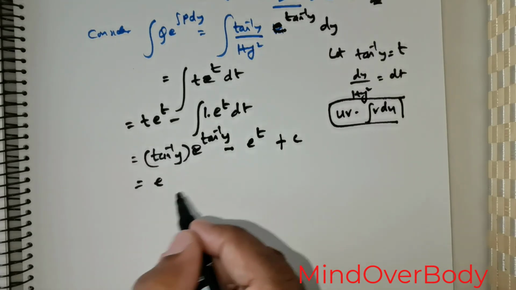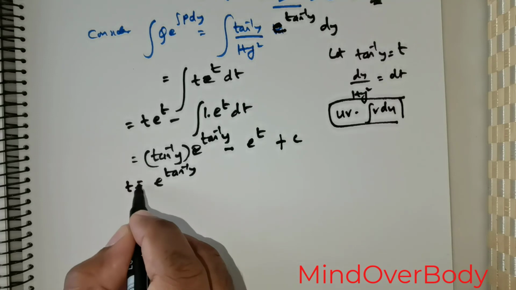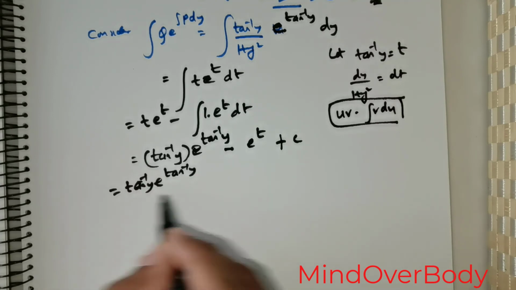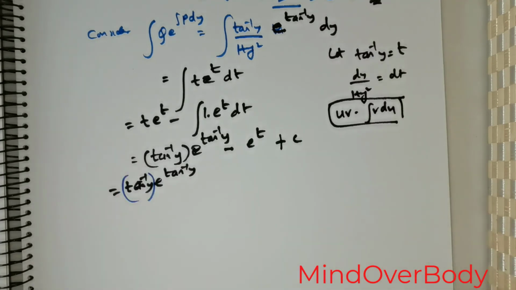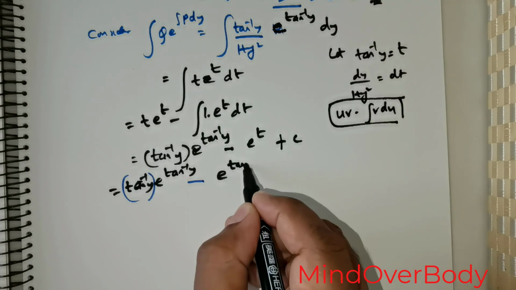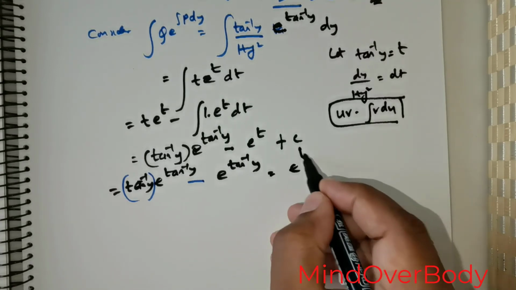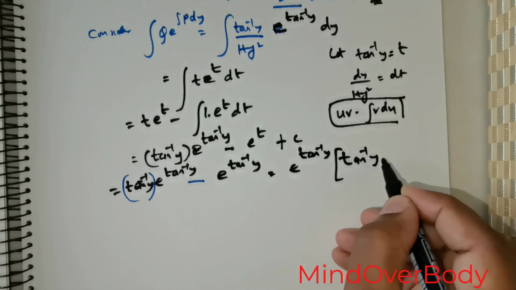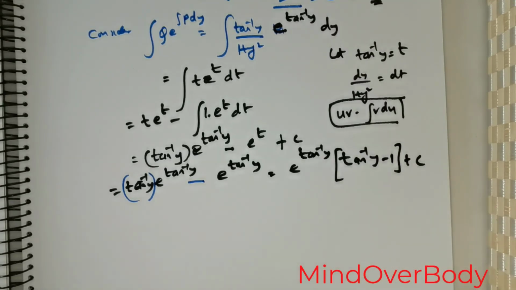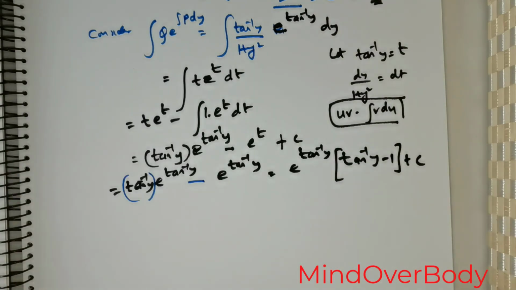So this is going to be e raised to the power of tan inverse of y times tan inverse of y, followed by minus e raised to the power of tan inverse of y. Now I can take e raised to the power of tan inverse of y out. So that's going to give me tan inverse of y minus 1 plus constant c. So this is what I have got for my q.